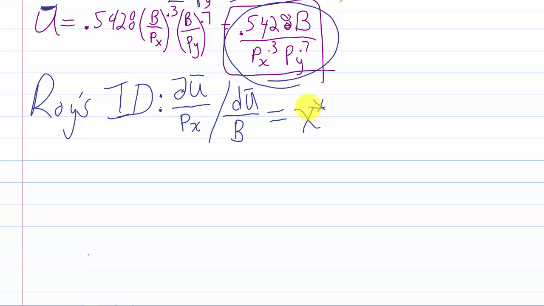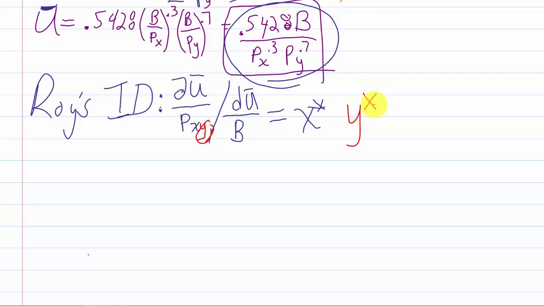And similarly, if we wanted to get the Marshallian demand for Y, the only thing that would change is instead of taking the partial derivative with respect to the price of X here, we'd take the partial derivative with respect to Y. And then that would give us not the X star, but the Y star.